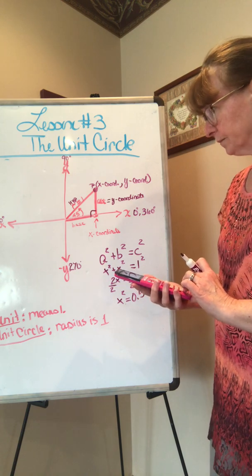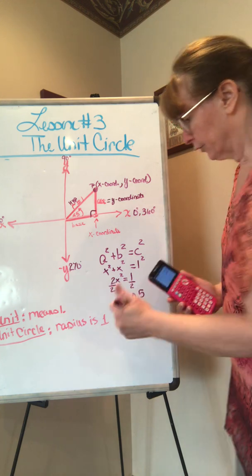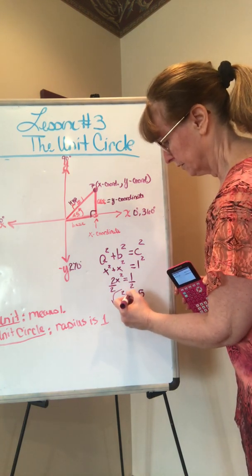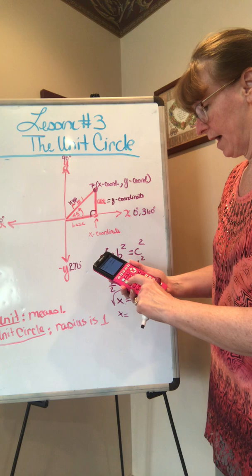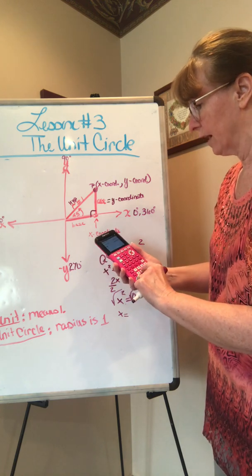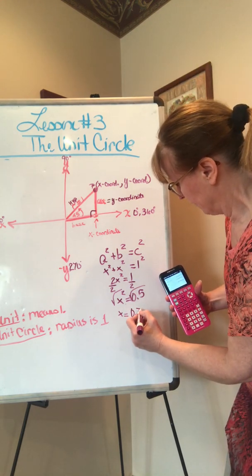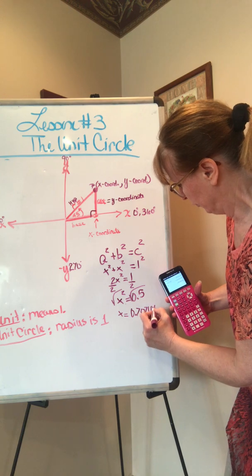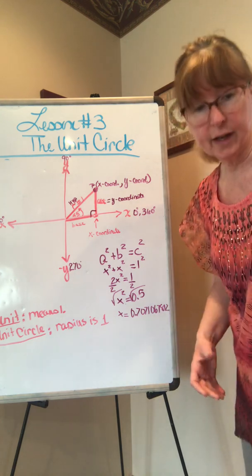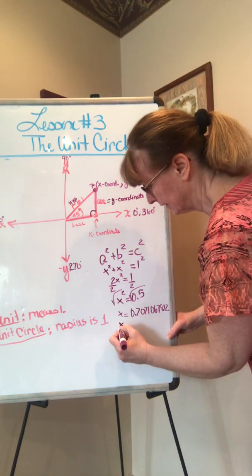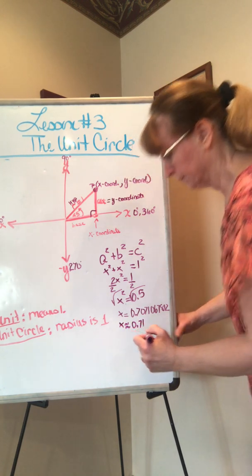And if I were to now take the square root, so now I have the square root of 0.5, I get 0.70710678812. And just for argument's sake right now, I'm going to say that this x is roughly, not equal, roughly 0.71.